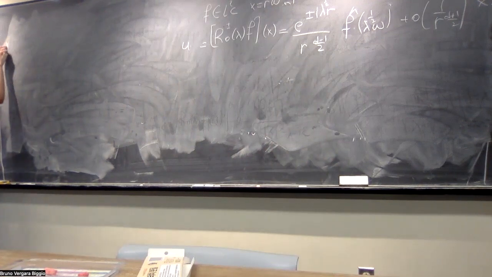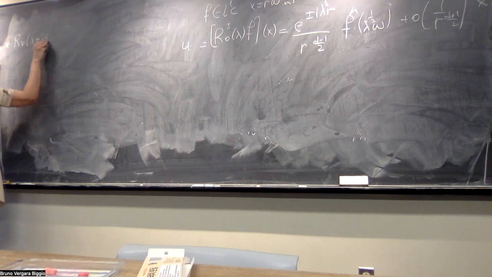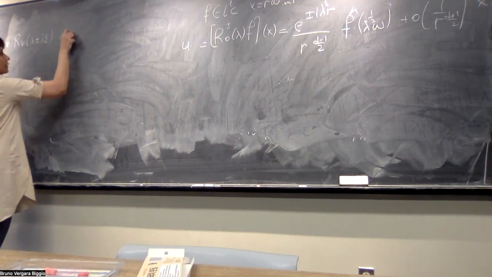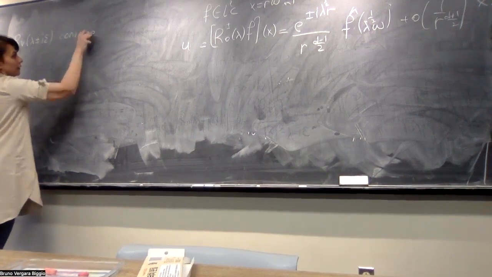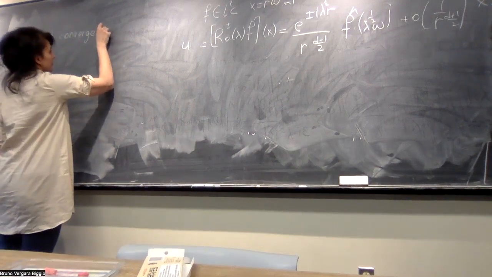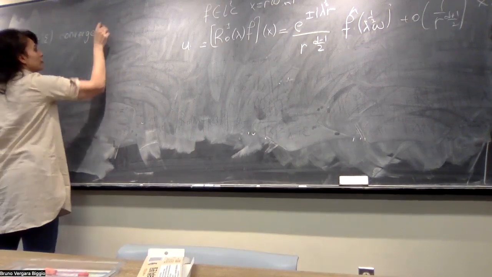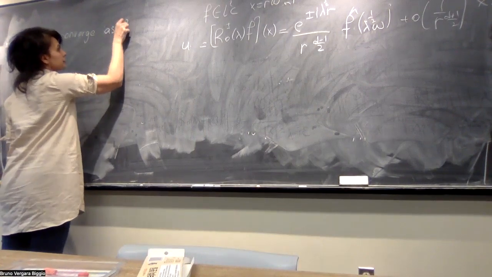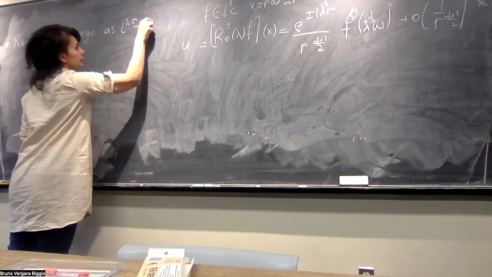In particular, R_V of lambda plus and minus i epsilon is going to converge, in the same norm, as an operator to sigma to absolute sigma.